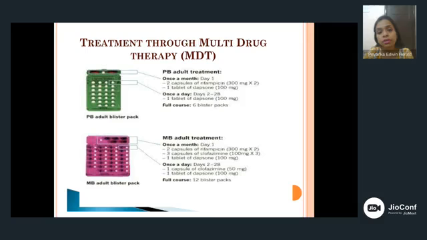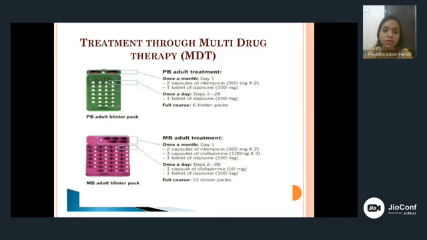This MDT treatment was introduced in 1982, and it involves three major drugs: rifampicin, clofazimine, and dapsone. These three drugs are given at regular intervals and in different doses to the PB patient and MB patient, paucibacillary and multibacillary patient.